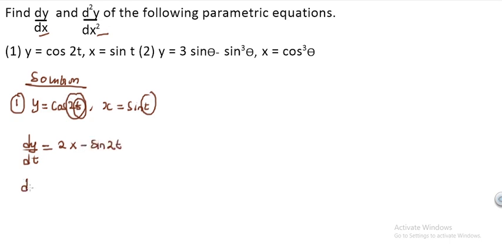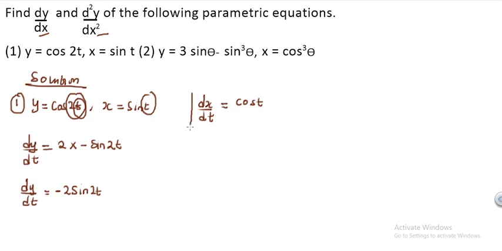So dy/dt is 2 times minus sin 2t, which is minus 2 sin 2t. Since we found dy/dt, next we find dx/dt. dx/dt of sin t is cos t.